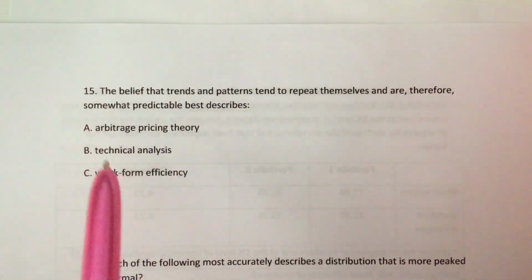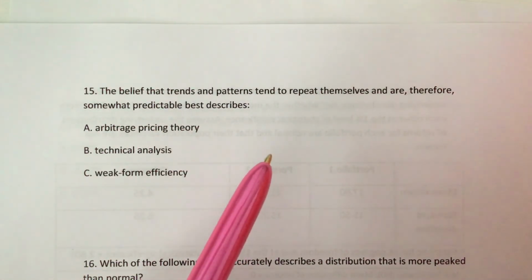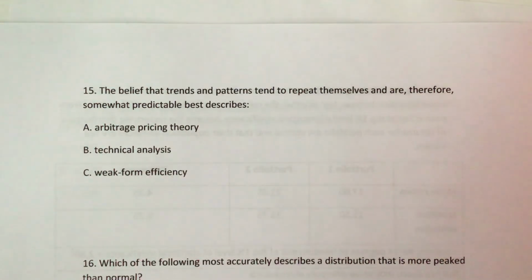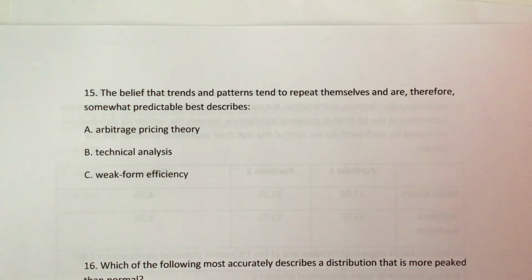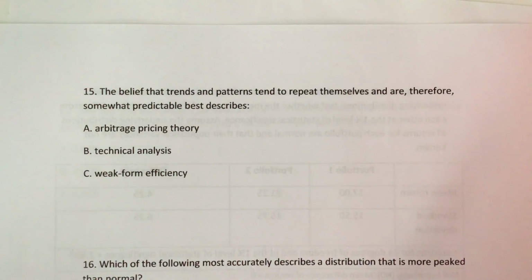Question 15. The belief that trends and patterns tend to repeat themselves and are therefore somewhat predictable best describes A. arbitrage pricing theory, B. technical analysis, C. weak form efficiency.